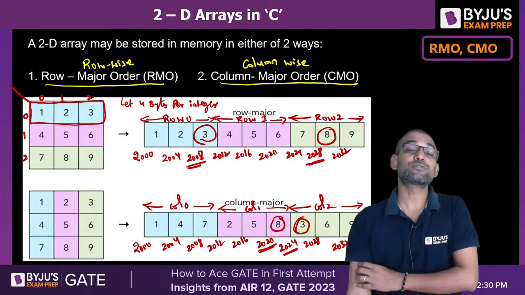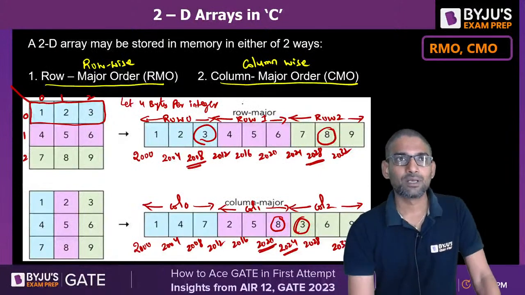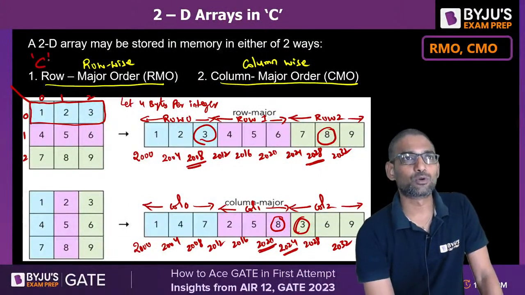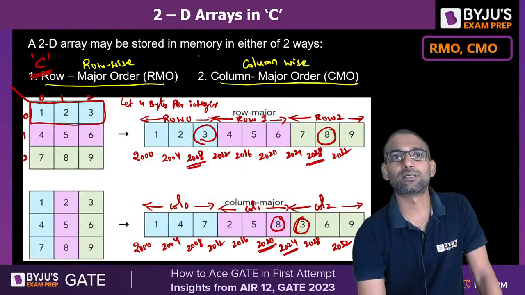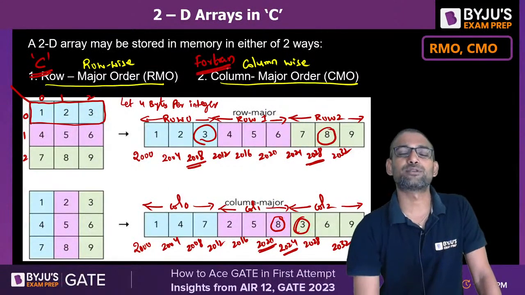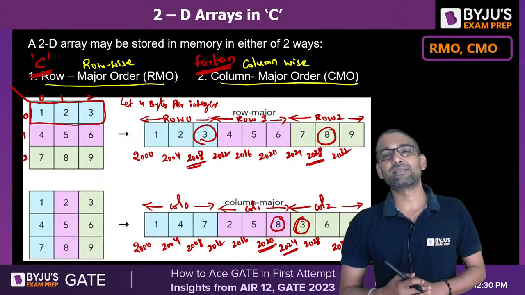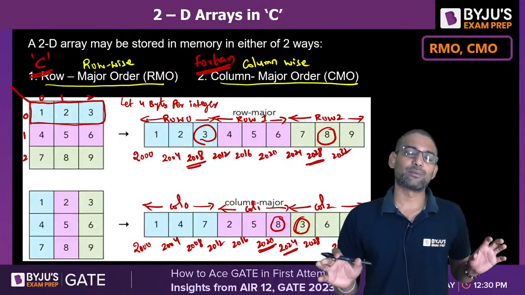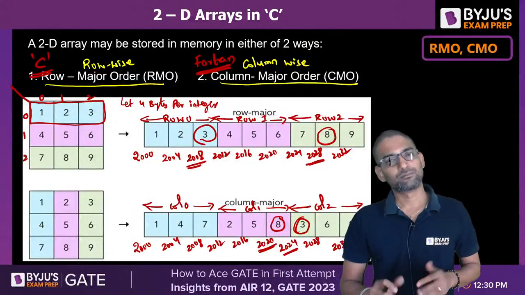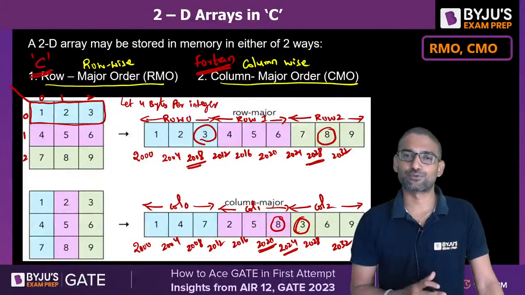So the addresses will change for the same value. However, C language follows row major order by default. Languages like Fortran follow column major order. So as we are learning C language, you need not worry about column major. By default, row major order is followed, meaning the values are stored row wise.